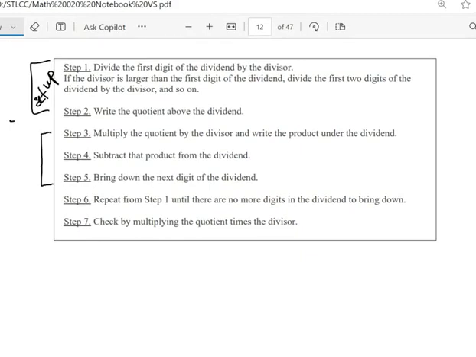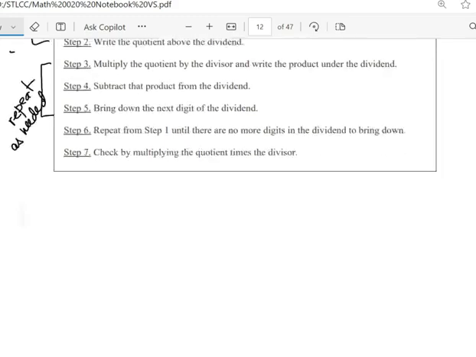So 3, 4, 5 repeated. And then step number 7 is checking your answer. So you would be multiplying the quotient times the divisor to get the original number.